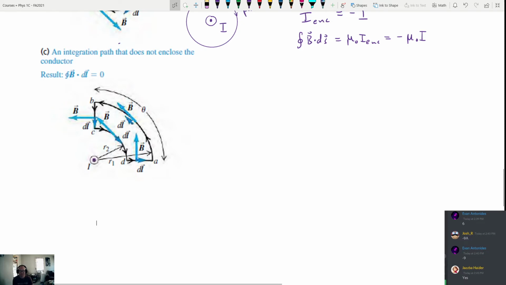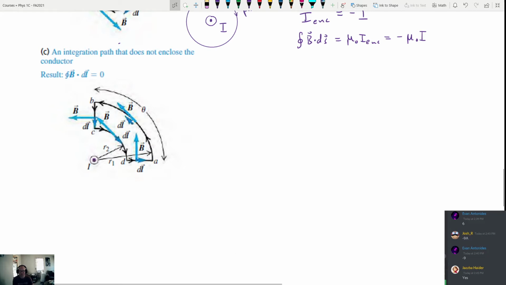Let's look at the two edges. Along the edge D to A, the direction of the magnetic field is perpendicular to the path. So the contribution to B dot dl here is 0. Along this path here, right, B is also perpendicular to the path, so you get no contribution here.